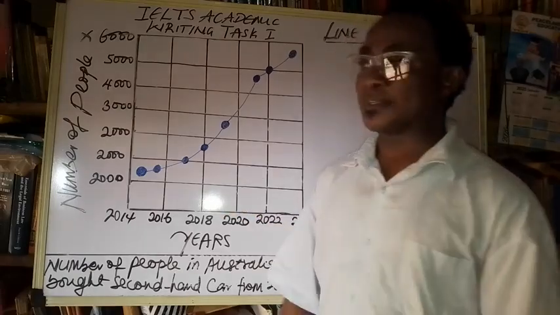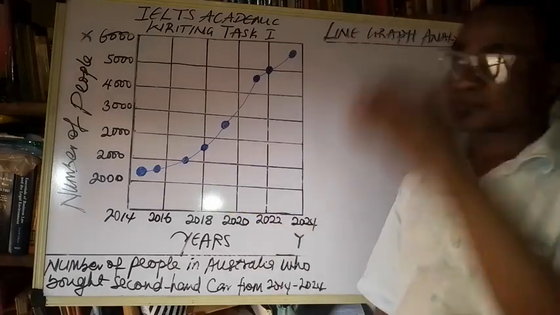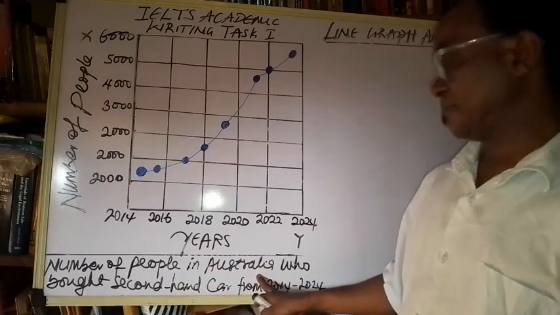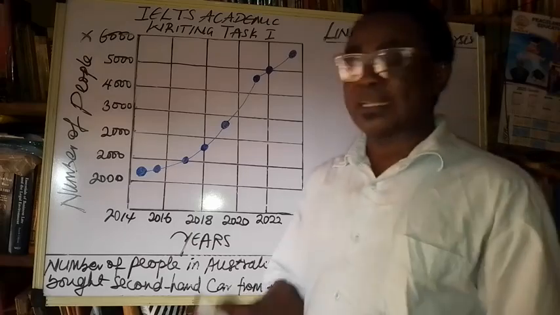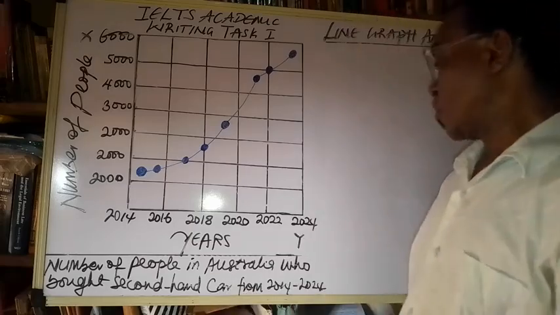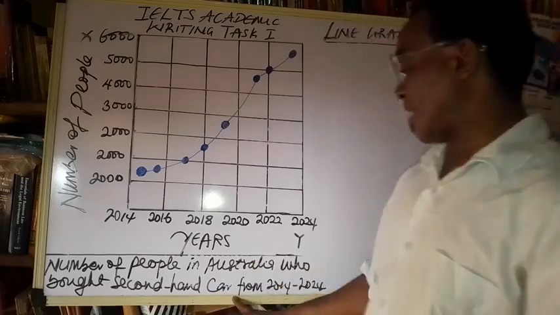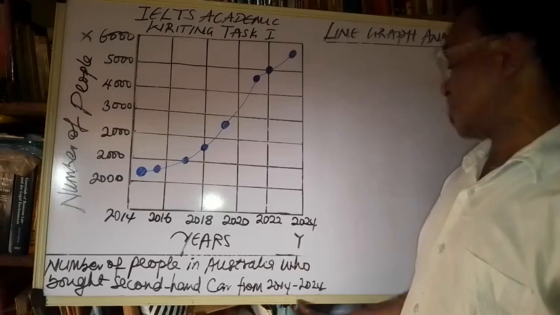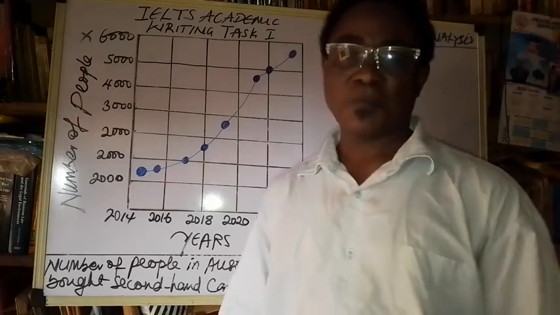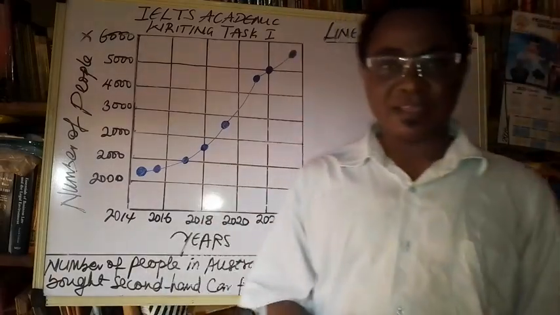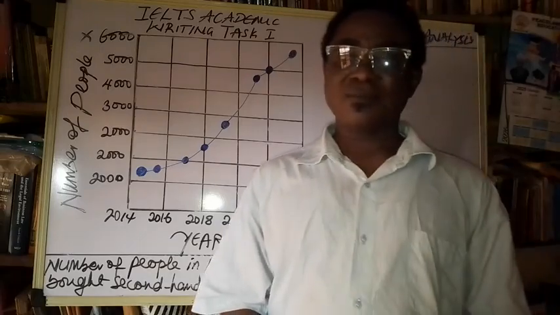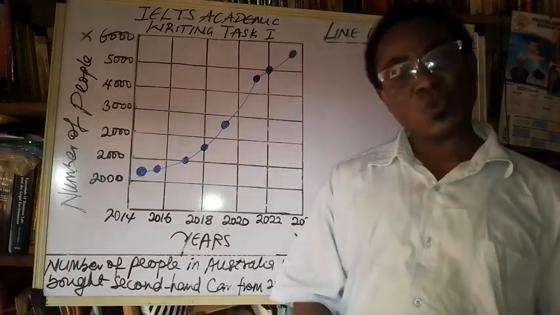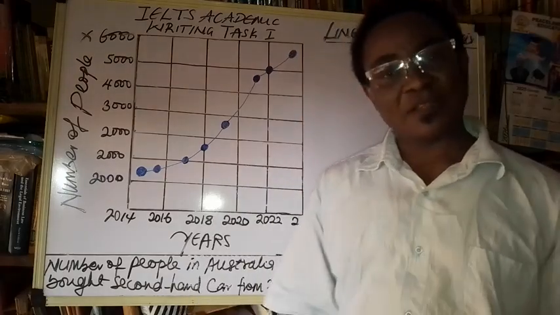In our analysis today, we are talking about the number of people in Australia who bought second-hand cars from 2014 to 2024. So the survey period was a period of 10 years, spanning 2014 to 2024.